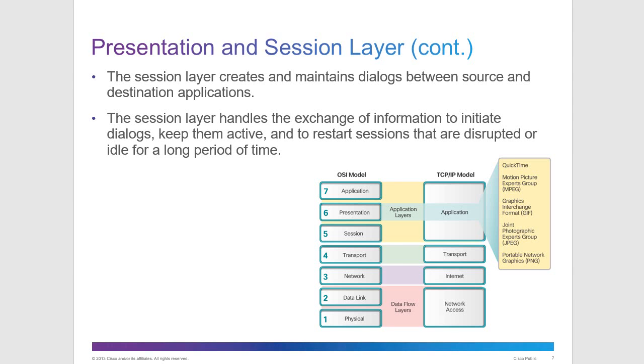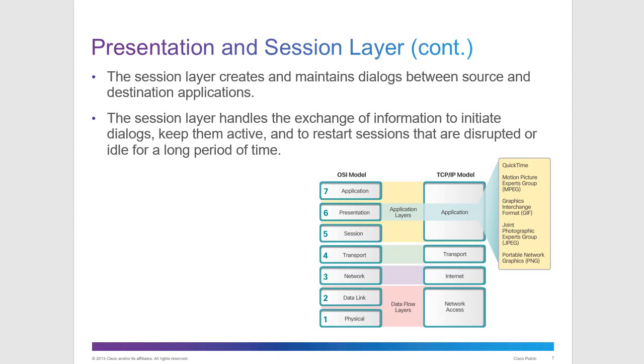The transport layer is what adds your transport header with your port numbers that the session layer handles. Okay, so it adds that information, but really the session layer, semi in conjunction with the transport layer, is responsible for keeping sessions active, restarting them, so on and so forth.